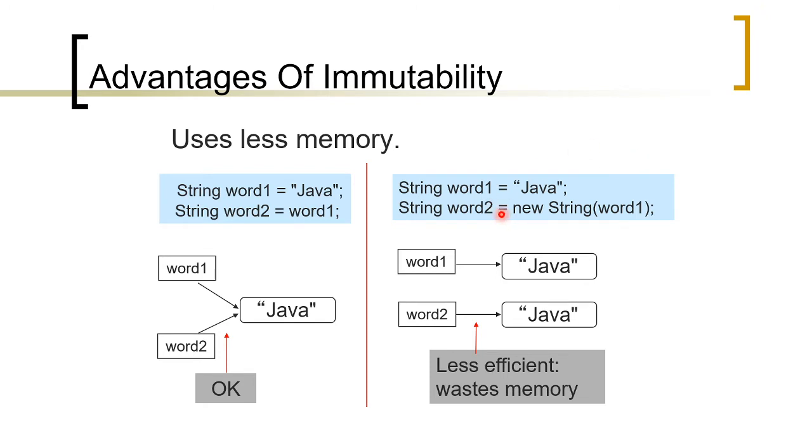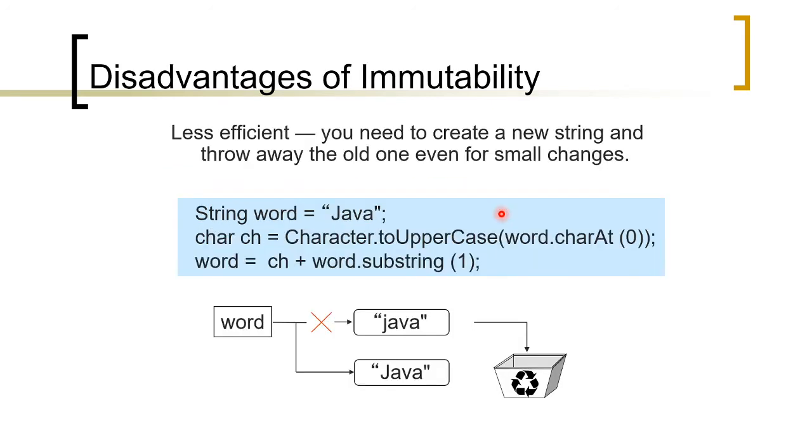If you want to create string objects, just directly assign it to a string literal. Okay, so in this example, it is less efficient, because you need to create a new string and throw away the old one, even for small changes.